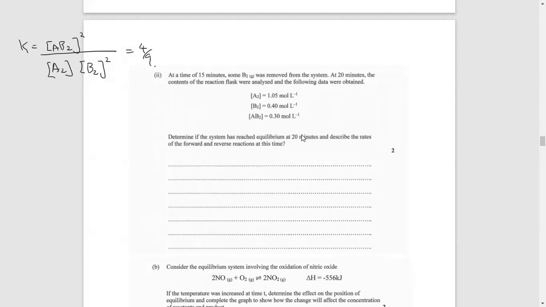You can remove as much products or reactants as you want. K will not change. Same with any other reaction condition like adding or removing a catalyst, changing pressure, volume, and so forth. So we know K is 4/9, and we know at 20 minutes you have these concentrations. So we need to work out the reaction quotient Q using those numbers there.